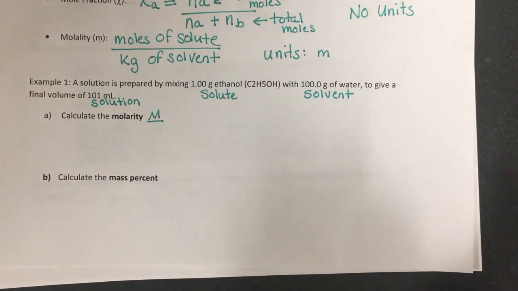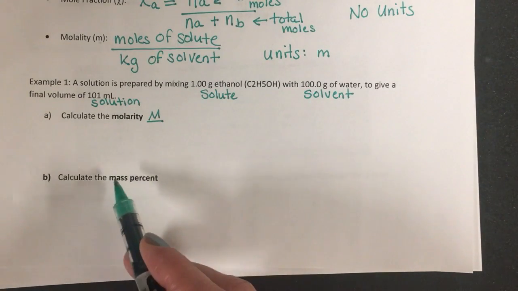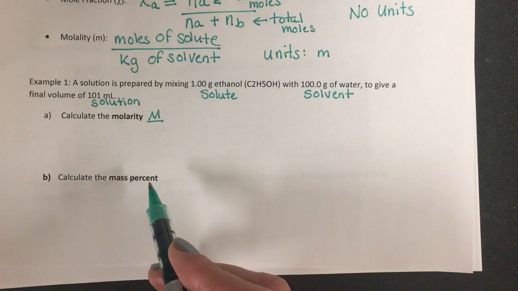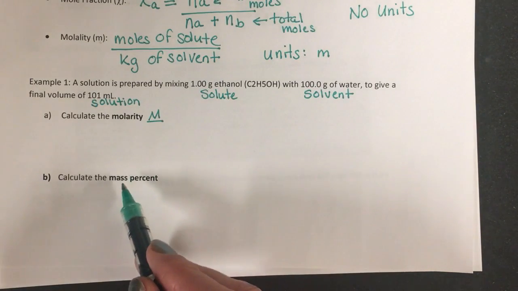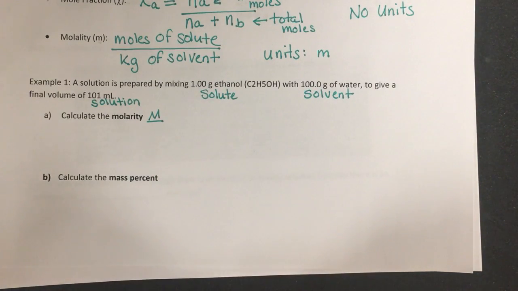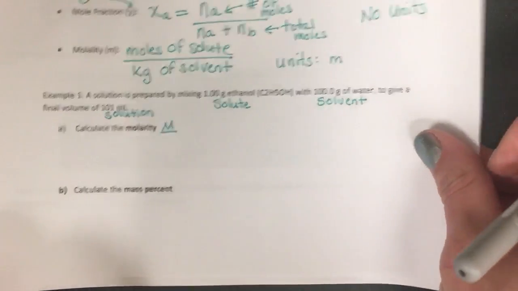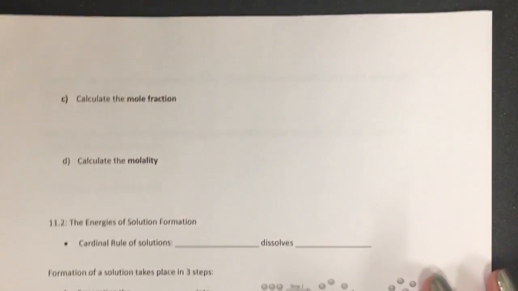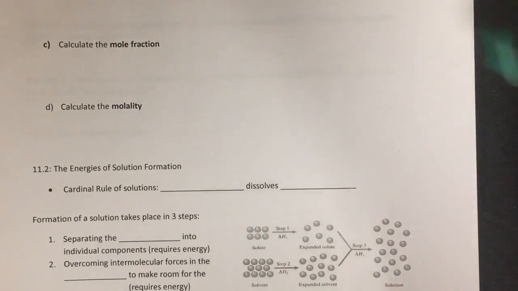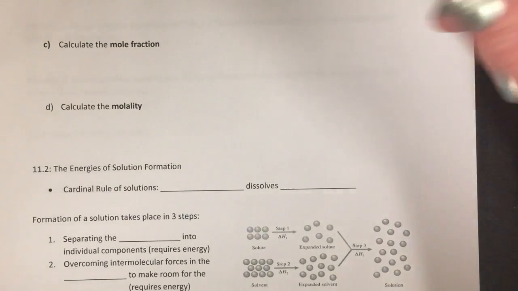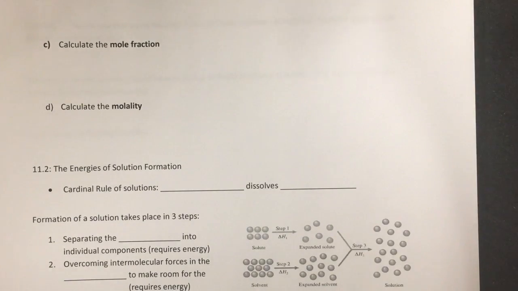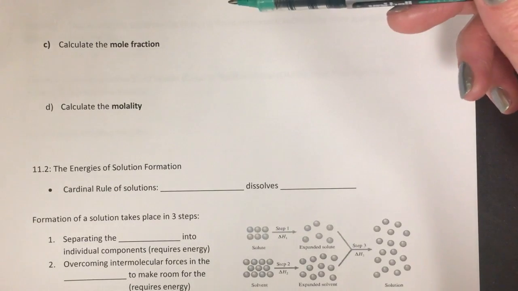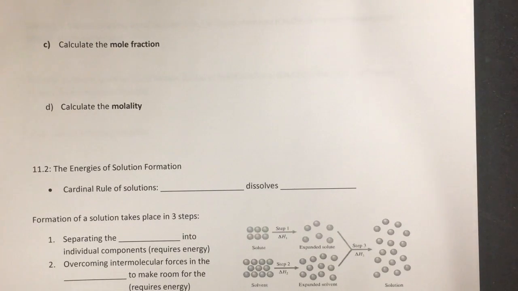Now take a second and calculate mass percent. Remember, mass percent is the mass of your solute per mass of solution. Calculate the mole fraction for your mixture. Mole fraction is going to be moles of your ethanol per total moles of your solution.